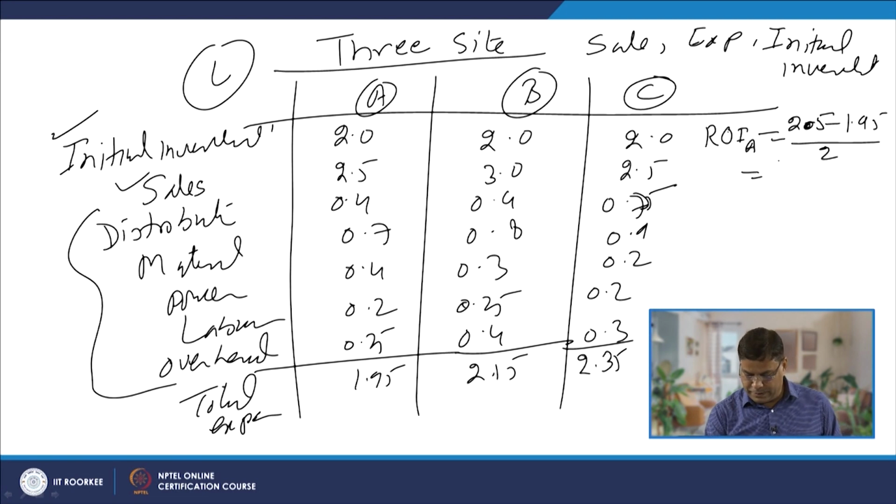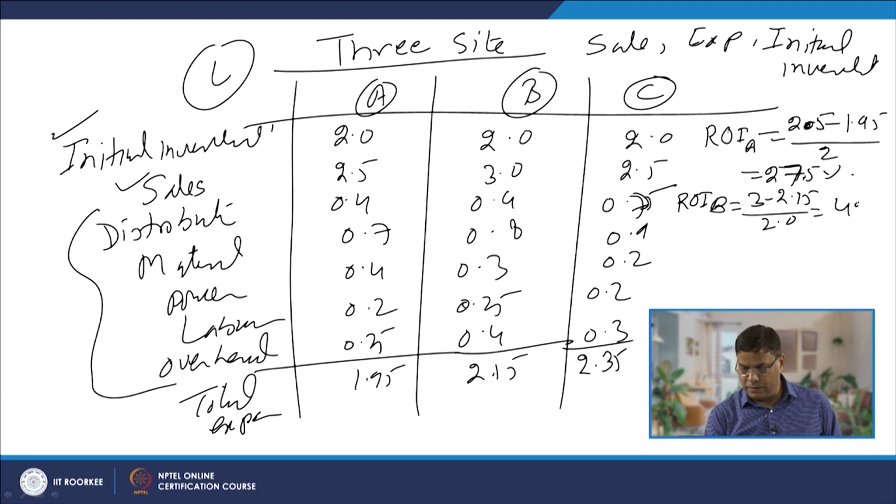So, the return on investment is 27.5%. Likewise, the return on investment for site B is 3 minus 2.15 divided by 2.